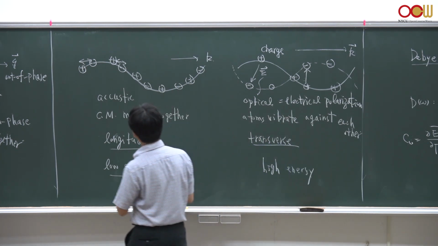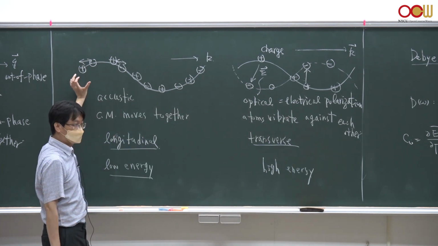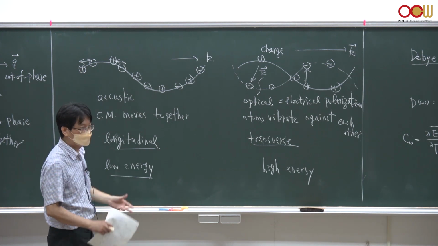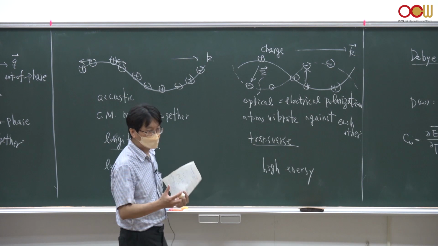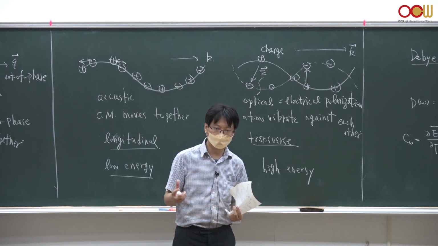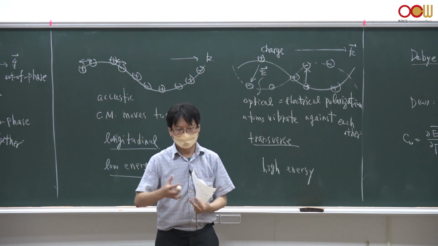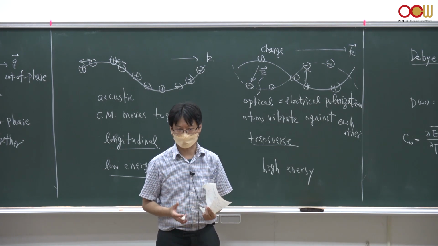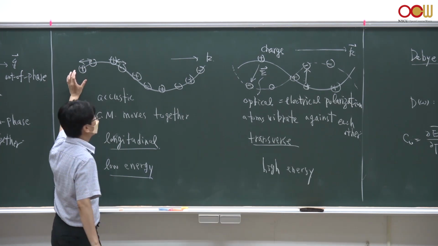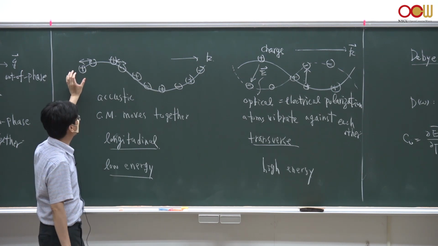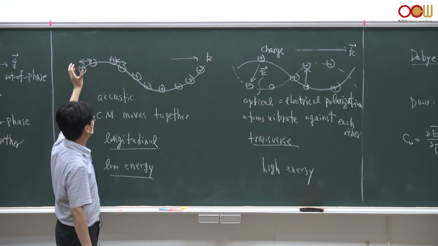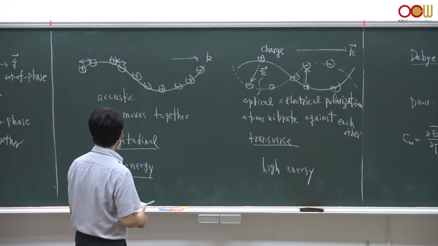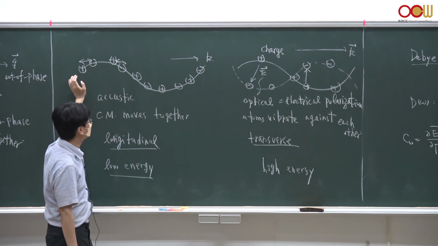In realistic solids, all this lattice vibration oftentimes carries charge, because you can imagine that when the ion moves, some more or less electrons can come closer to the ion position, so that the charge of the ion is doing this kind of lattice vibration along with the ion vibration.